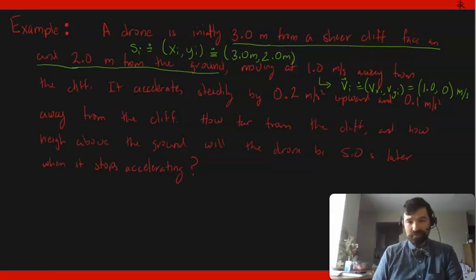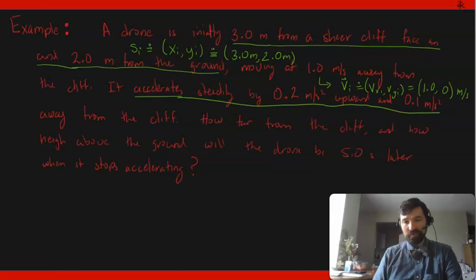And then we're also told that it's accelerating steadily. So it accelerates steadily by 0.2 meters per second squared upward and 0.1 meters per second squared away from the cliff. This is telling us the acceleration ax comma ay.